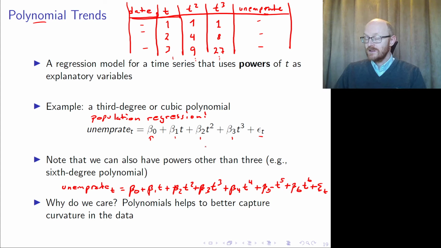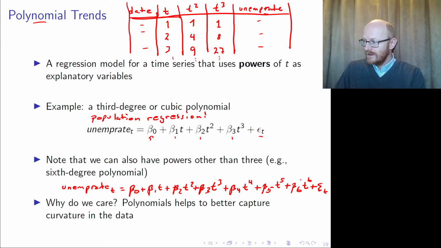Okay, so you can make not infinite of these powers of time, but you could, if your data set is not very long, make quite a bit of these.